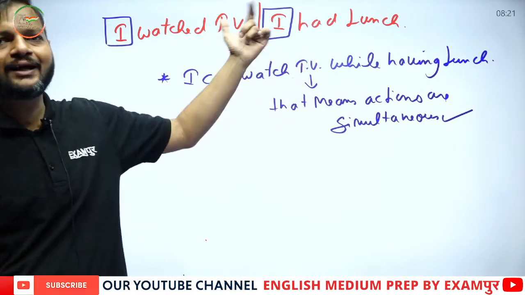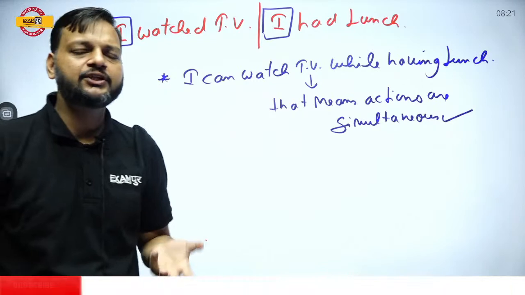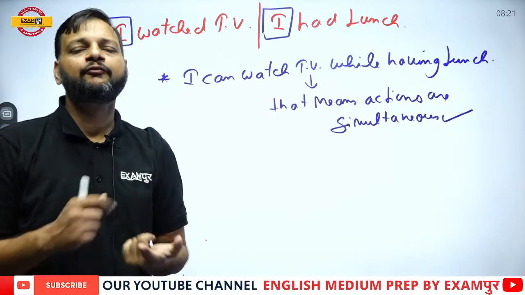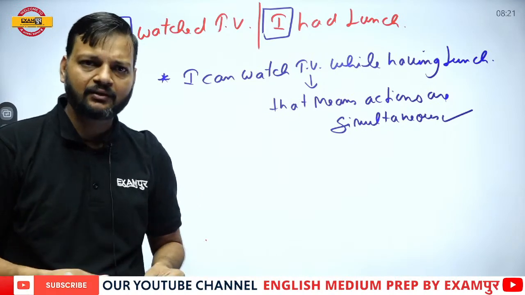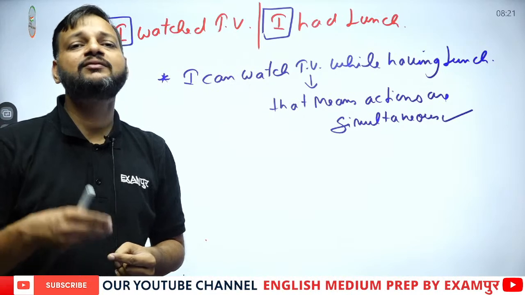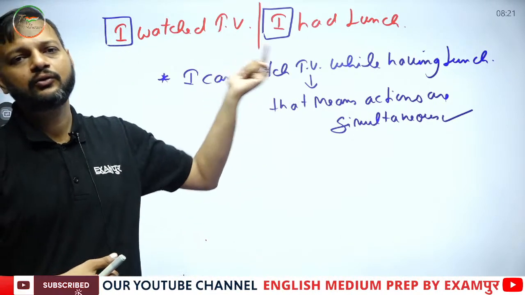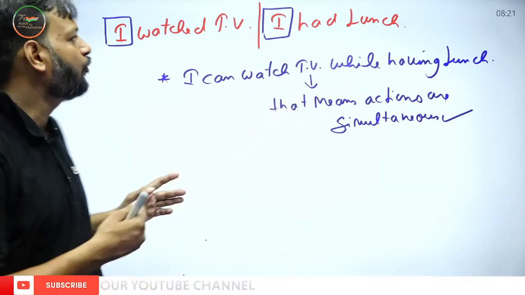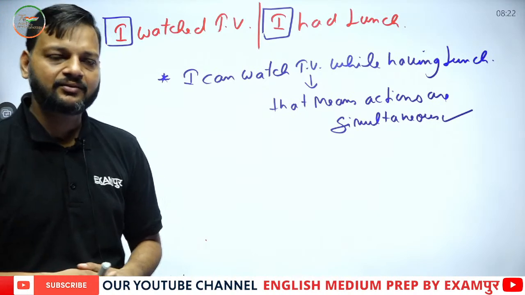This shows that the actions are simultaneous. Okay, so there are two conditions to use a present participle. First condition, sentences must have a common subject. Second, actions must be simultaneous or closely related. So here the two actions are simultaneous. So now we can use a present participle to join these sentences.